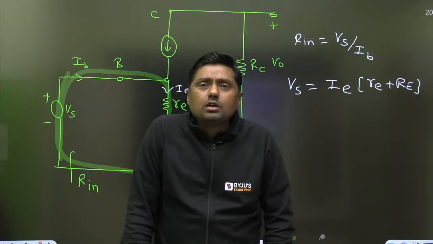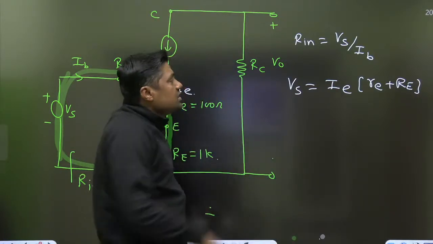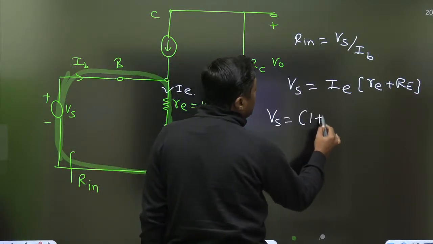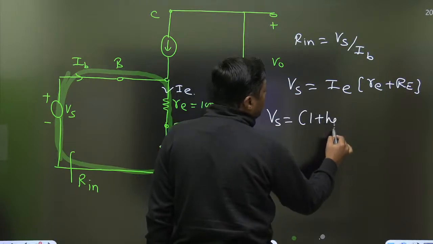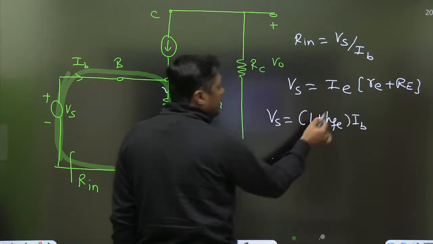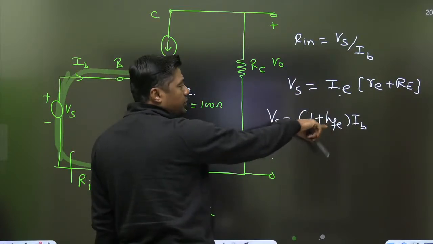But we want the ratio Vs upon IB. So what is the relation between IE and IB? Vs is equal to (1 plus beta, or 1 plus hFE) times IB, into small re plus capital RE. This is the IE, and this is the relation between IE and IB: hFE or beta.